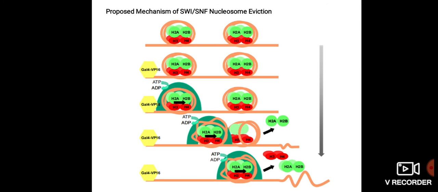You can see ATP dependent remodelers bind and cause change within the histones, make the H2A-H2B dimer come out, then the tetramer is going to come out. The complete nucleosome goes off, leaving the intertwined supercoiled DNA free.